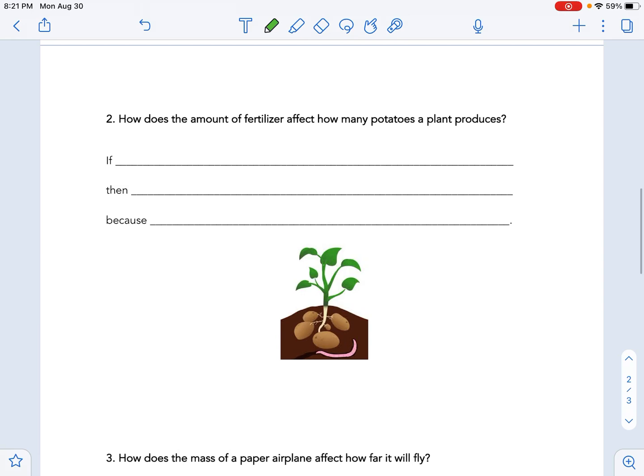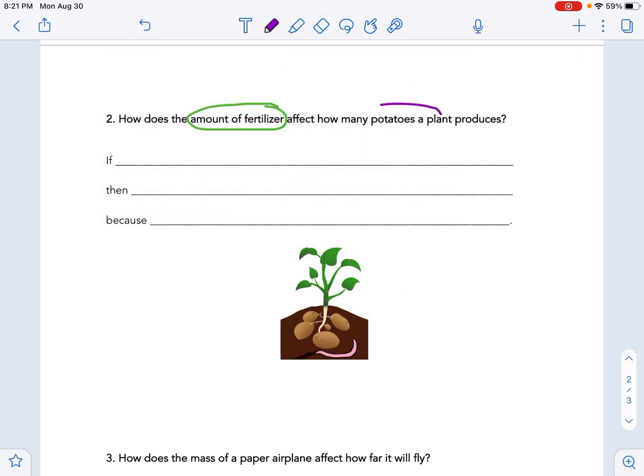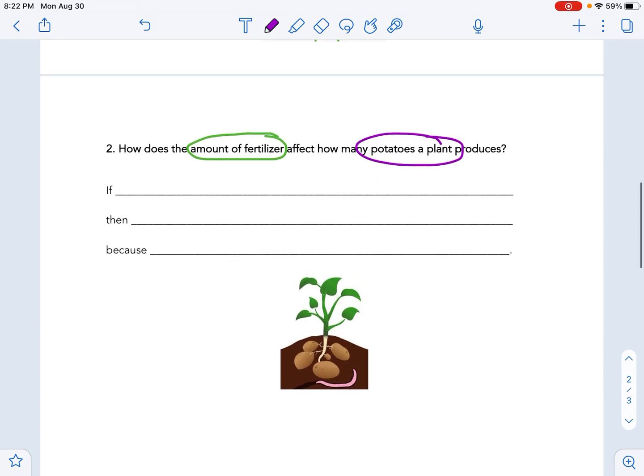Okay, so here is our second scenario from that sort. How does the amount of fertilizer affect how many potatoes a plant produces? All right, so what are we purposely changing would be the amount of fertilizer. What are we going to measure? The number of potatoes that are produced.